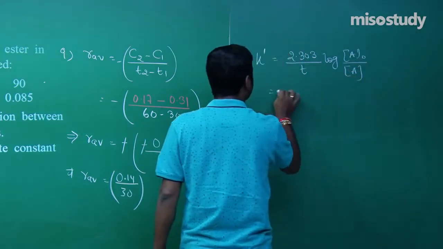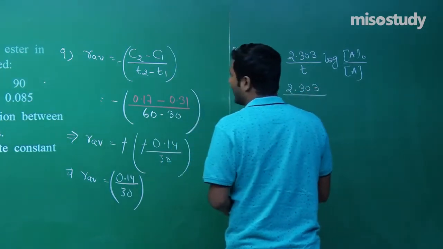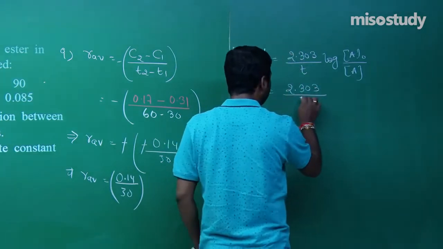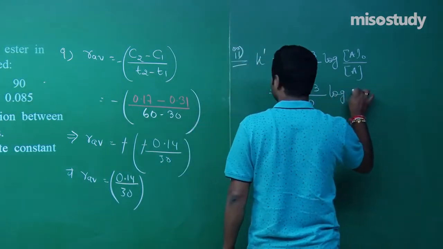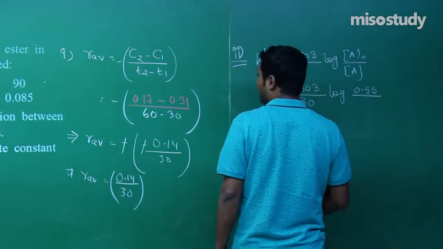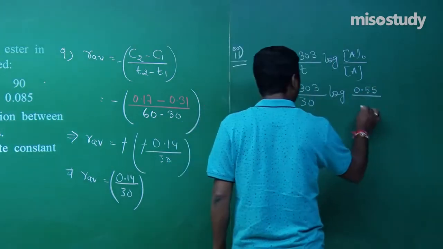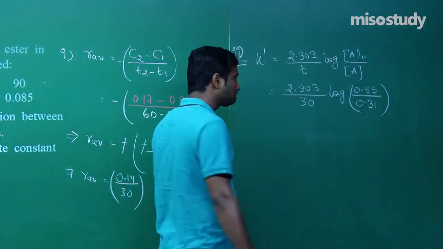Now put the value, K dash equal to 2.303. Now which time am I going to look at? That is for the first 30 seconds, log A naught. A naught is given here, 0.55. What is A, my friend? A is 0.31. This is, my friend, K dash for the first.